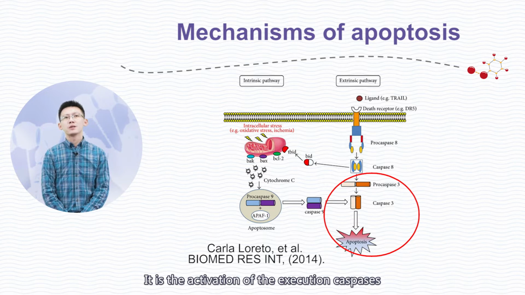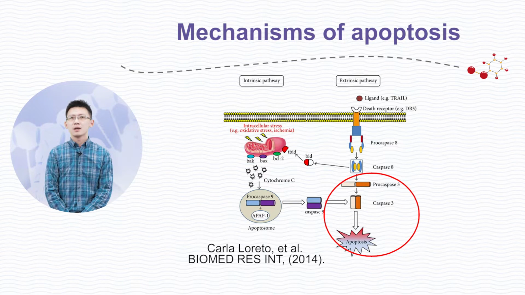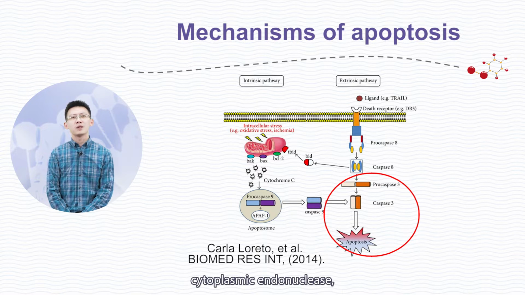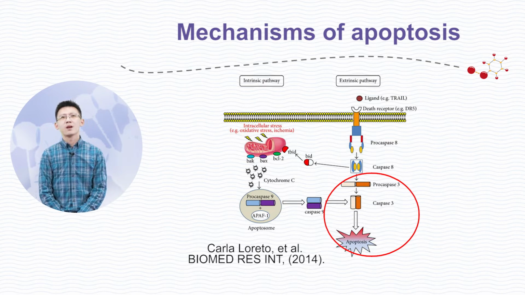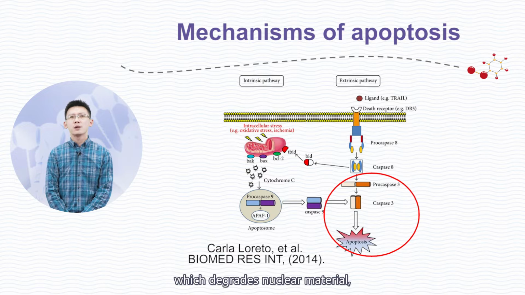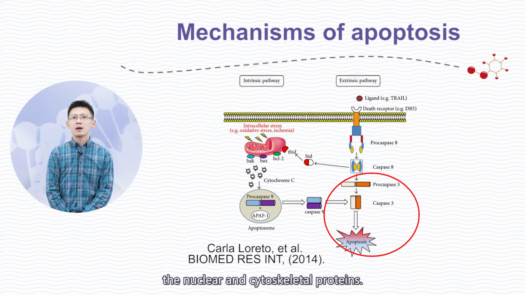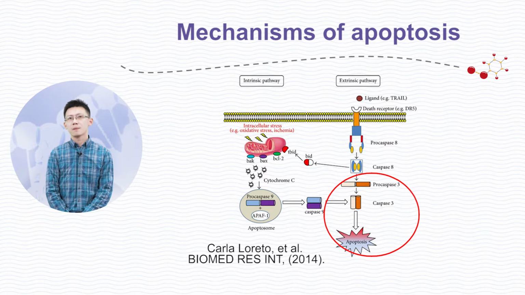It is the activation of the execution caspases that begins this phase of apoptosis. Execution caspases activate cytoplasmic endonuclease, which degrades nuclear material, and proteinases that degrade the nuclear and cytoskeleton proteins.